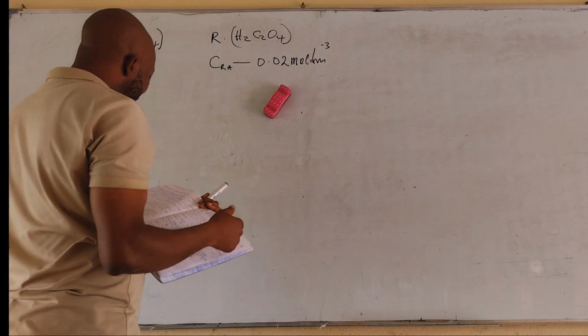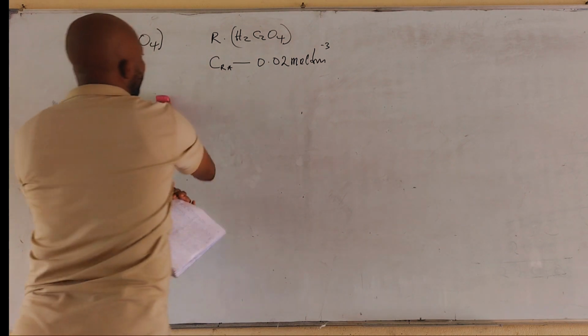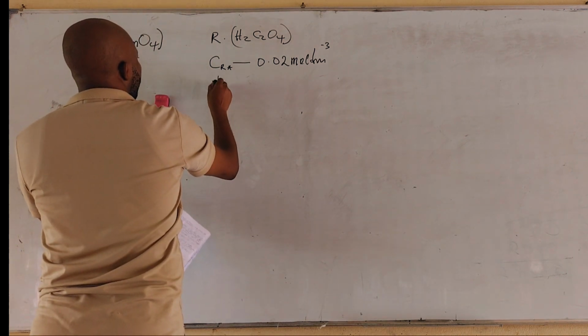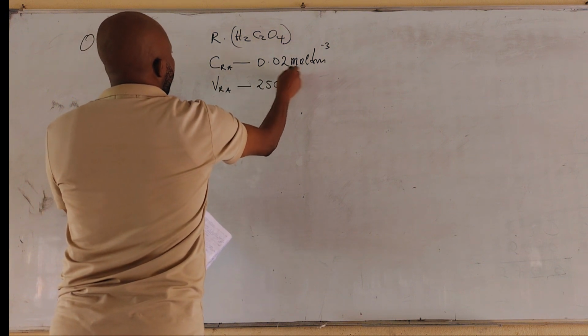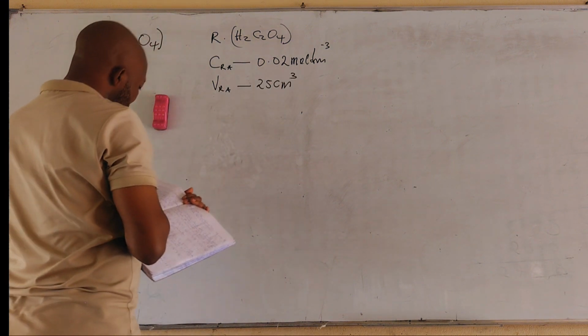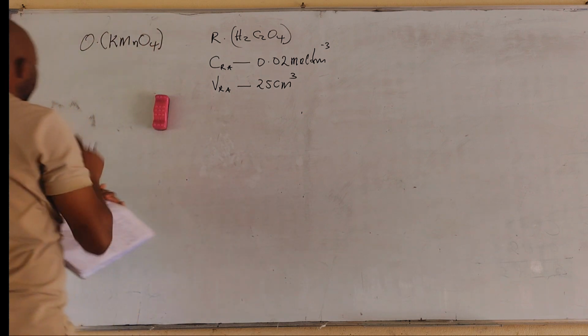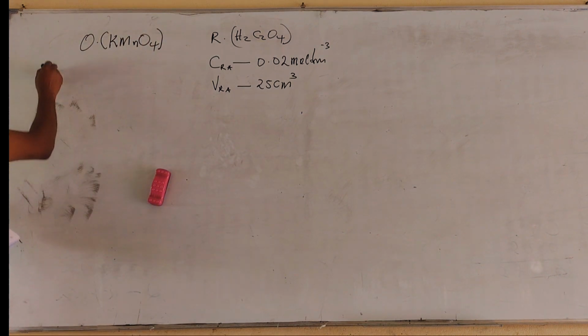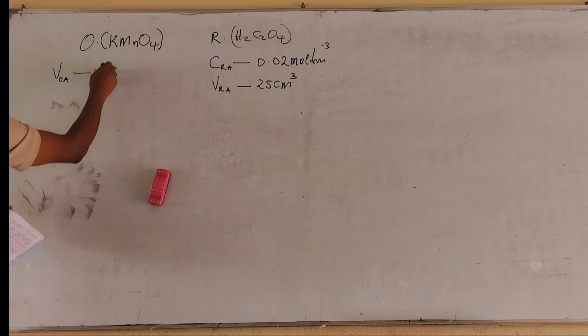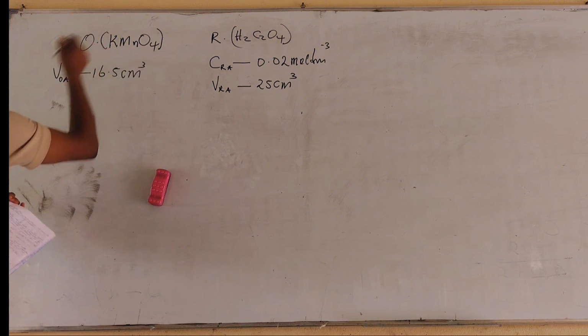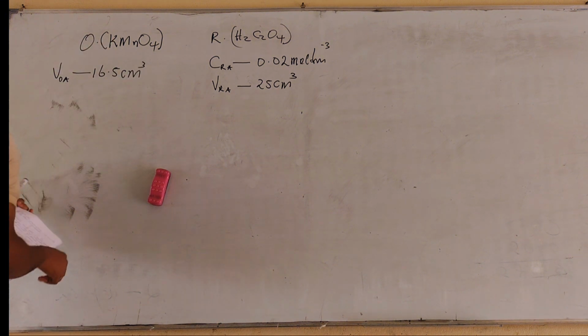Now, if 25 of solution B, so the volume of the reducing agent is 25 cm cube. If 25 of B gives 16.5 of A, now the volume of oxidizing agent is 16.5 cm cube of A. You call it that way.